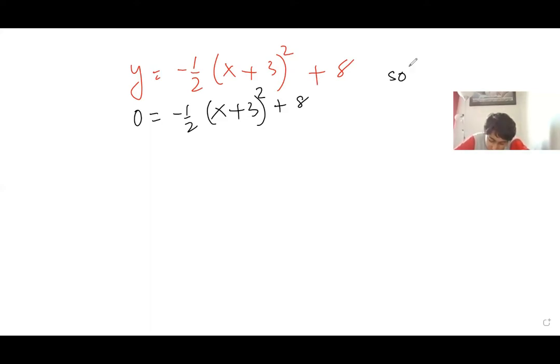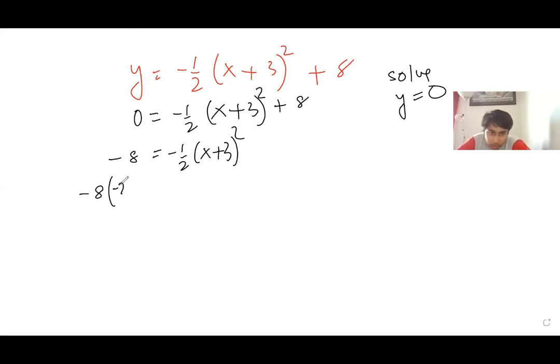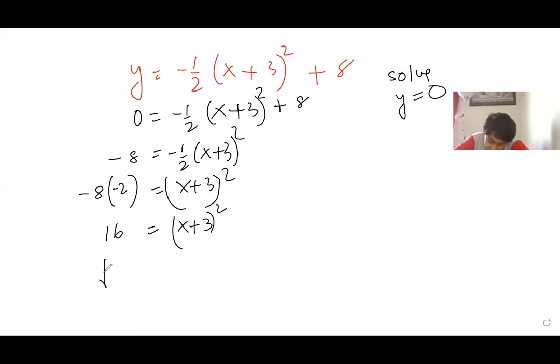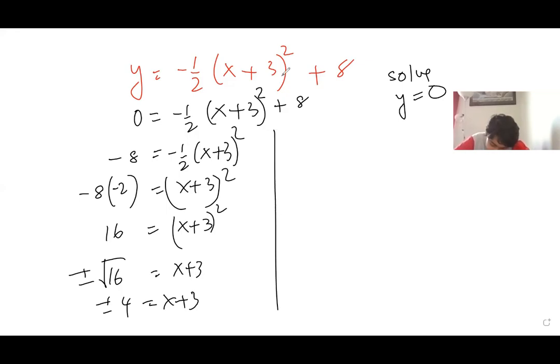Solve means y equals 0. Now bring 8 to the other side. Multiply by 2, then minus. So that'll be 16 equals x plus 3 whole square. Square root of 16, plus or minus, equals x plus 3.